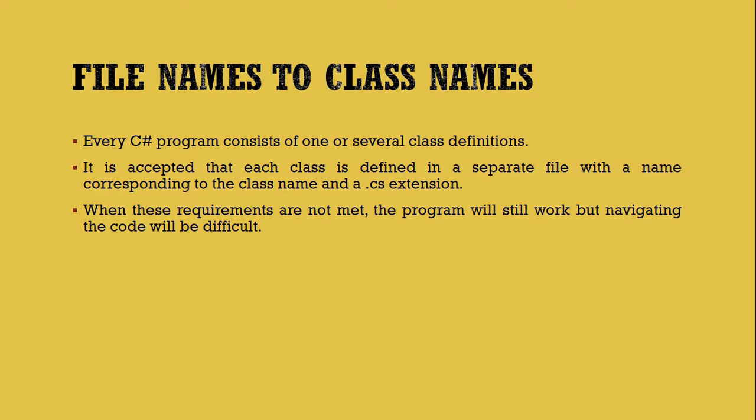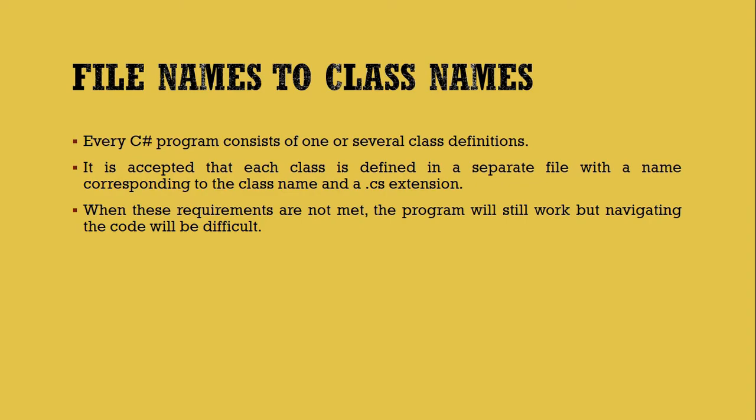Here, file names correspond to class names. In a C# program, you can have one or more classes. Thus, classes can be defined in a single file, but defining multiple classes in the same file may cause a problem.